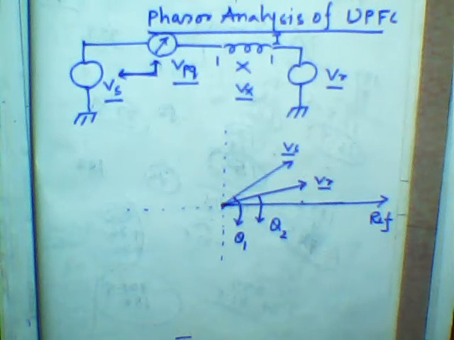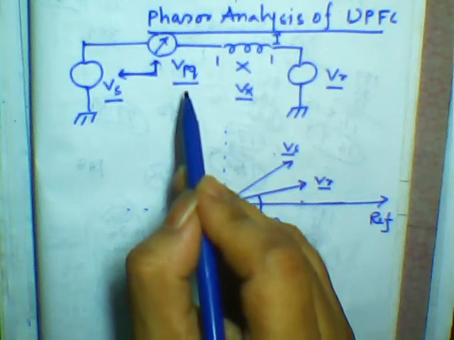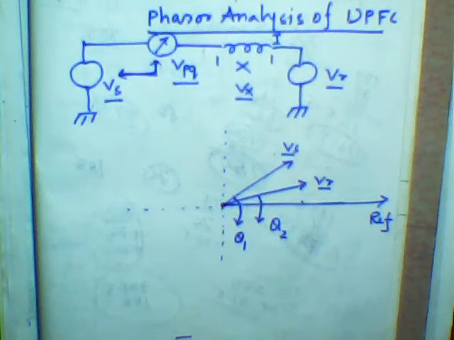Now the additional voltage, the synchronized voltage source which we are introducing in the transmission line, is basically adding to the generation voltage.